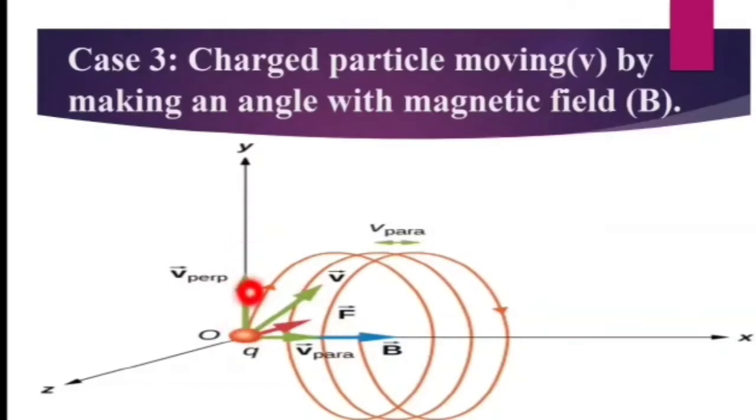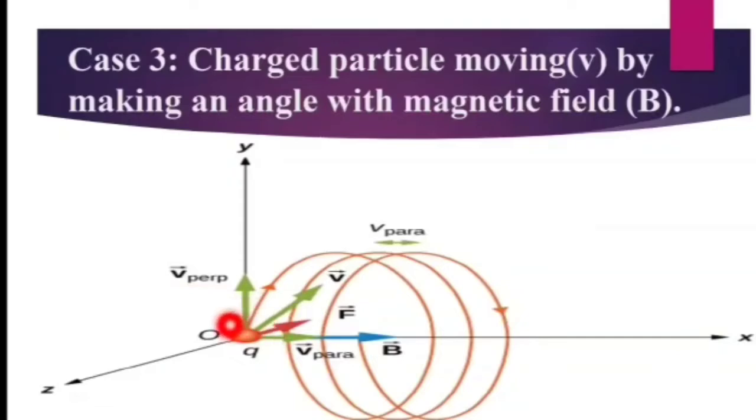The component along the x-axis can be named v parallel, and the component along the y-axis can be named v perpendicular, that is the component perpendicular to our field. So these are the two velocity components of our velocity vector v.